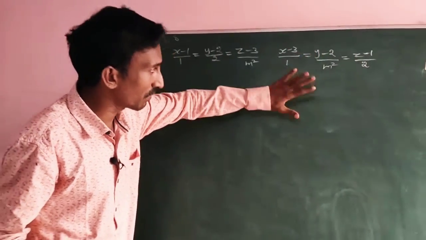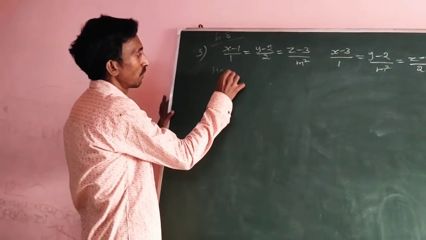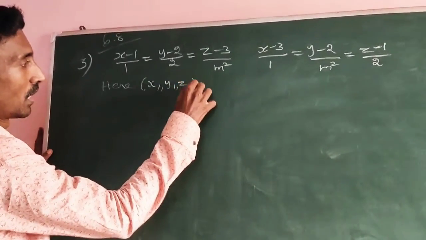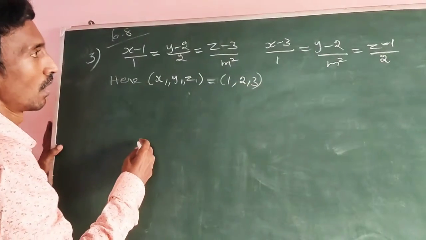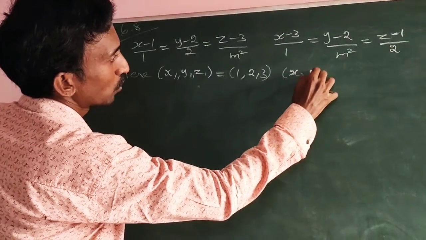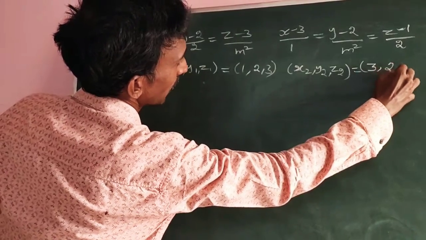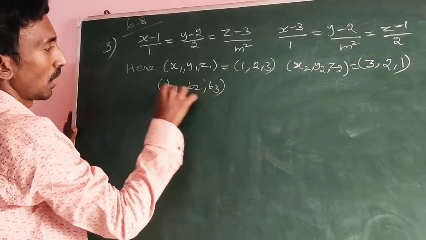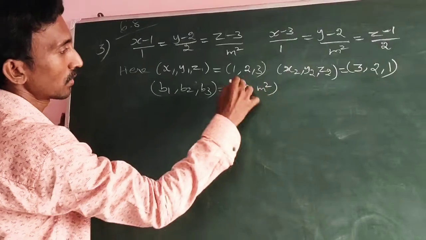Just comparing with that general equation, we observe that here the point x1, y1, z1 is, just change the sign, 1, 2, 3. And x2, y2, z2 is, look at the numerator, change the sign, 3, 2, 1. And b1, b2, b3 is 1, 2, m square.